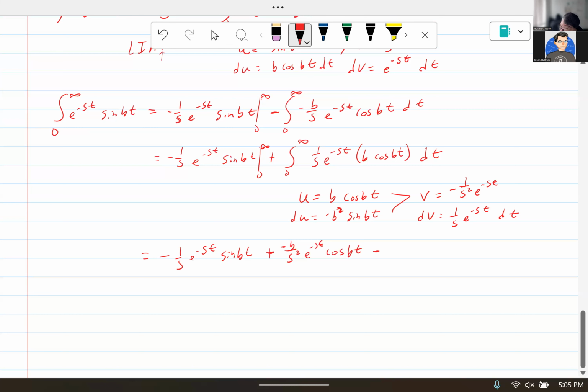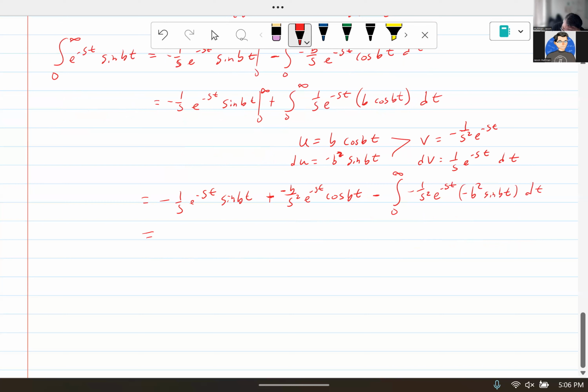I'll do plus that, minus the integral from 0 to infinity of negative 1 over s squared e to the negative st times negative b squared times sine bt dt. Now I want to reconcile all these negatives here.